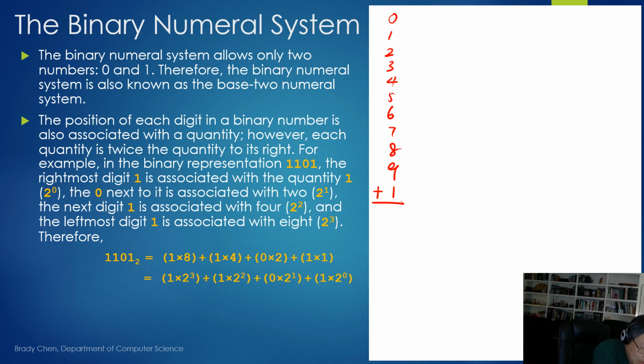So we reset the ones position to 0, and then we create a new placeholder called the tens position. So we write the number 10 as 1, 0. That's the tens position, and this is called the ones position.